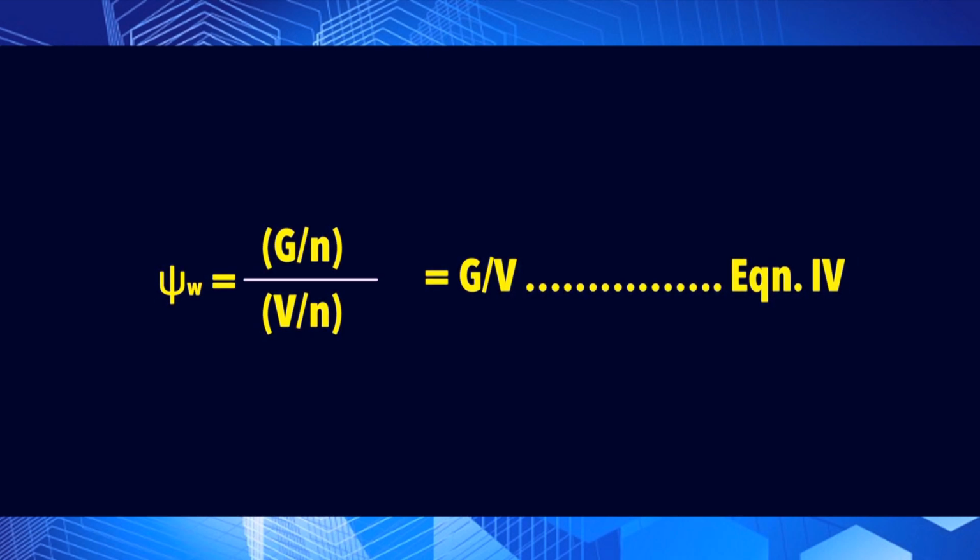Putting the value of mu W, that is chemical potential, and VW, that is partial molar volume, in the equation above, we get water potential is equal to G divided by N whole divided by V divided by N, and that is finally equal to G by V, because N and N will cancel.